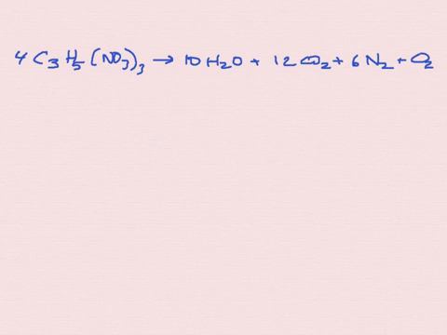How many grams of carbon dioxide are produced by the explosion of 21 grams of nitroglycerin? So how many grams of carbon dioxide, put a G under my CO2, are produced by the explosion of 21 grams of nitroglycerin.